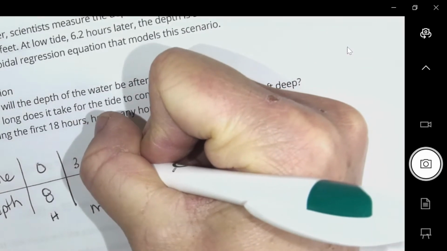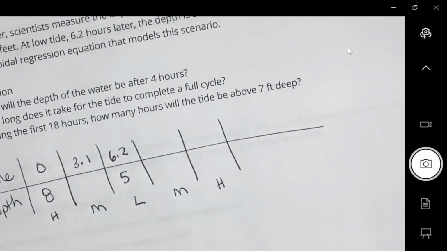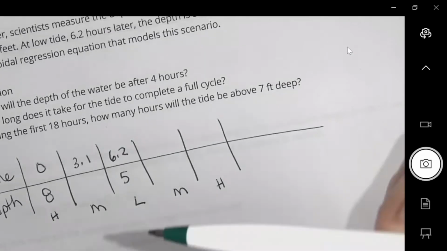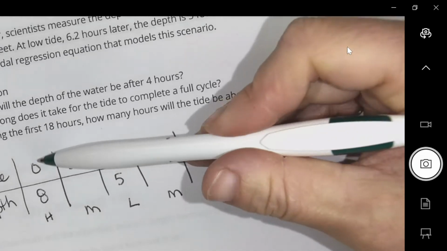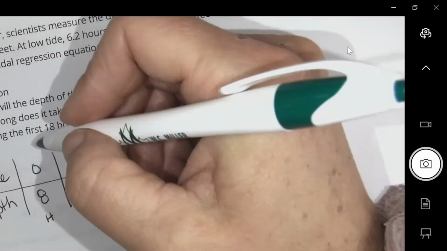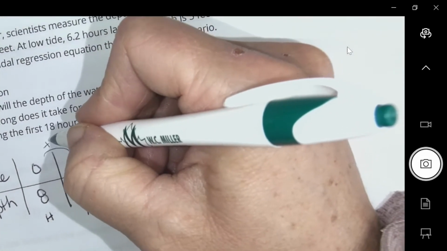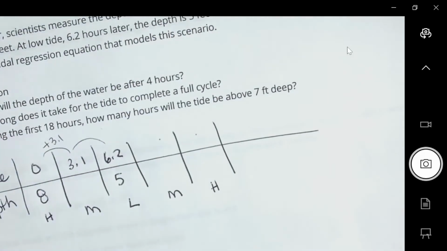Did you get 3.1? Can you figure out the time there and there? What are you doing every time? You're going to have to add 3.1. Every maneuver, you're adding 3.1.